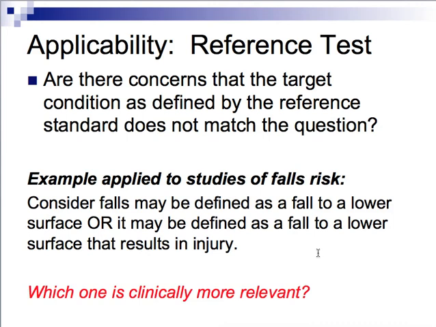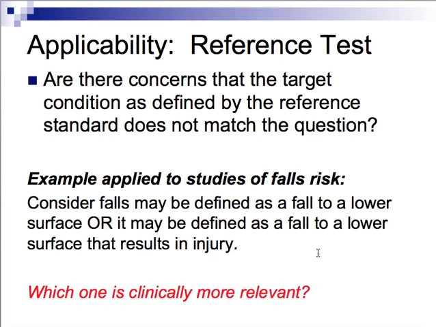Both ways have been used, and depending on your question, whether it results in a fall or not may be more relevant, or just an injury that causes someone to have fear, maybe that's more relevant to your clinic situation. So both are valid, but they're going to lead to different results in terms of the validity of the tests.